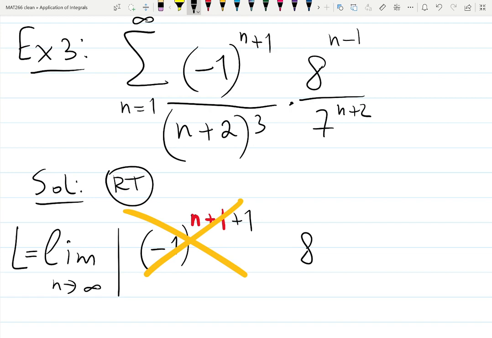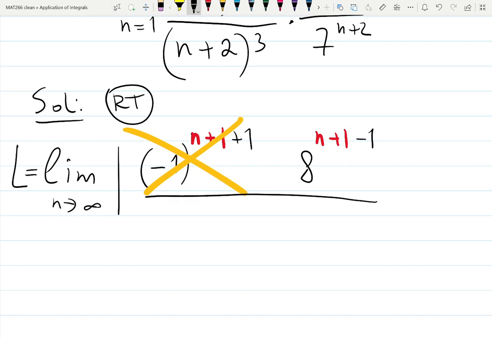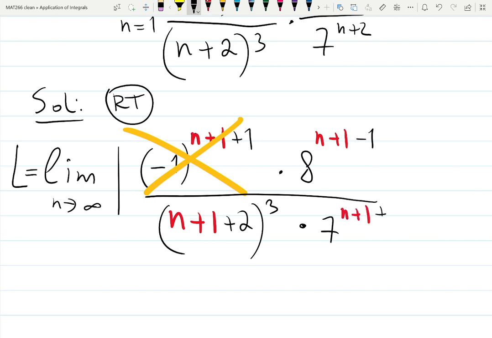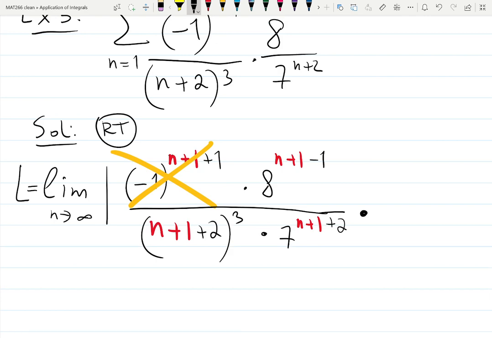8 to the n minus 1 becomes 8 to the n plus 1 minus 1, over n plus 2 becomes n plus 1 plus 2 cubed. Finally, 7 to the n plus 2 becomes 7 to the n plus 1 plus 2. N is a counter, and right now we're checking what's happening at n plus 1. Times, I am copying the original fraction, but I'm flipping everything.